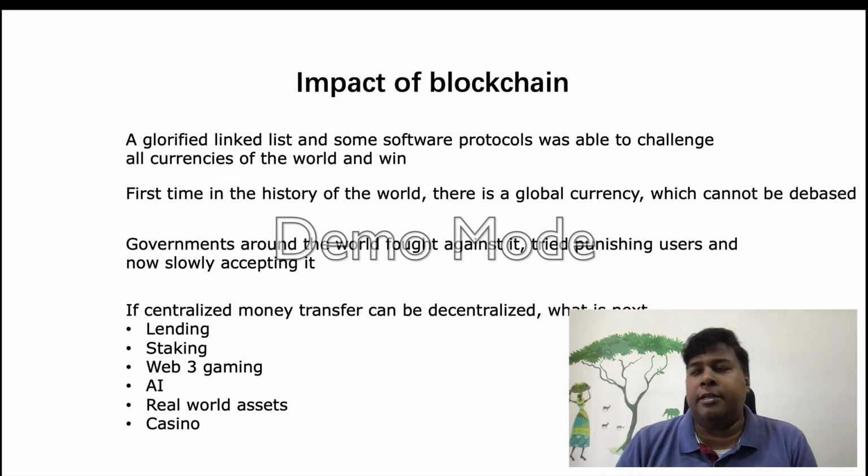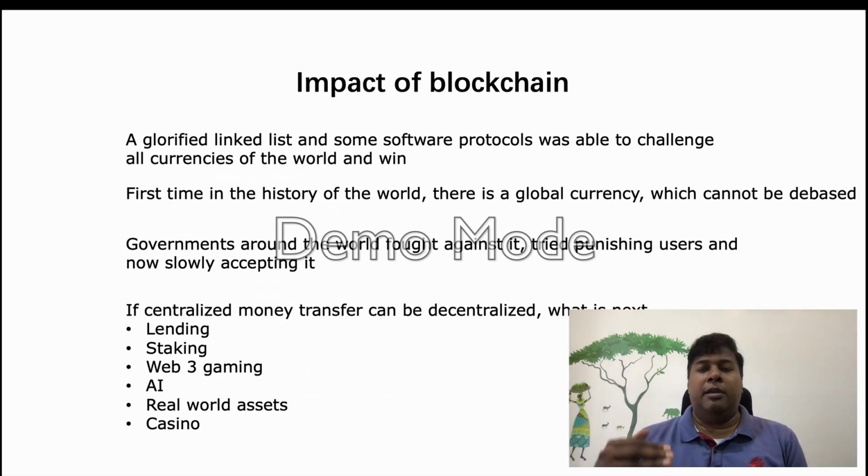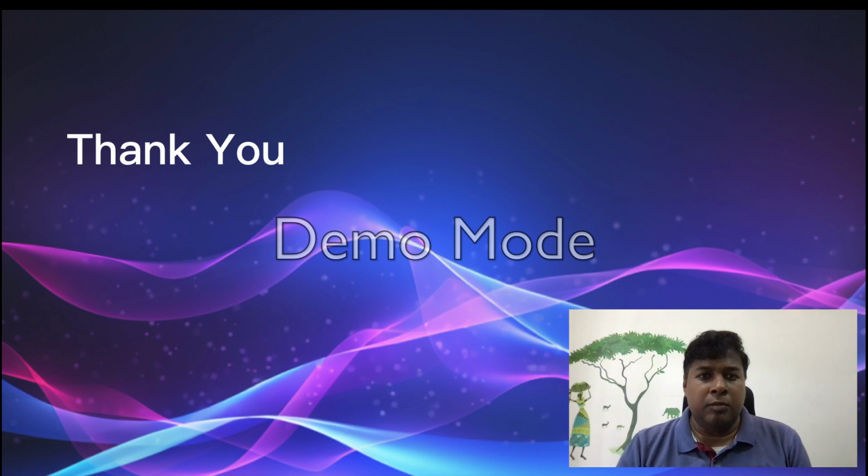So real world asset tokenizing, a huge opportunity. Casino. Today we have meme coins being traded like casinos. A lot of governments ban casinos or put a lot of restrictions, but in the decentralized world, anybody can go and do it.